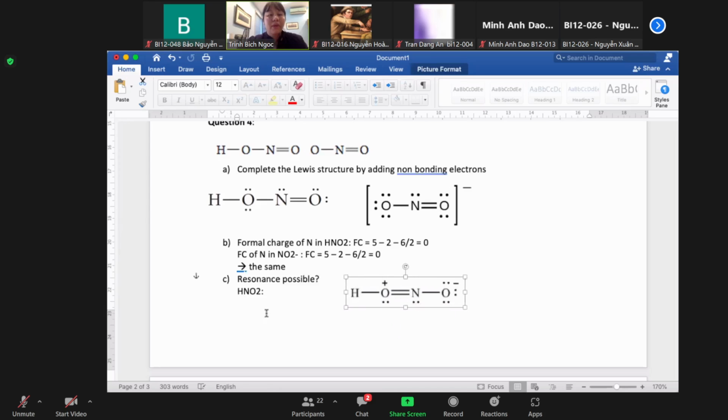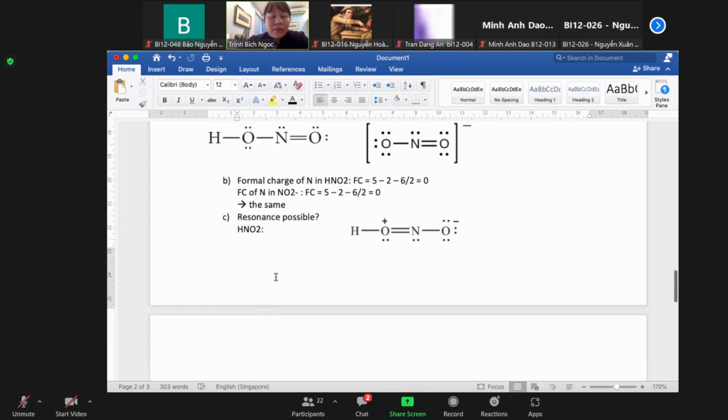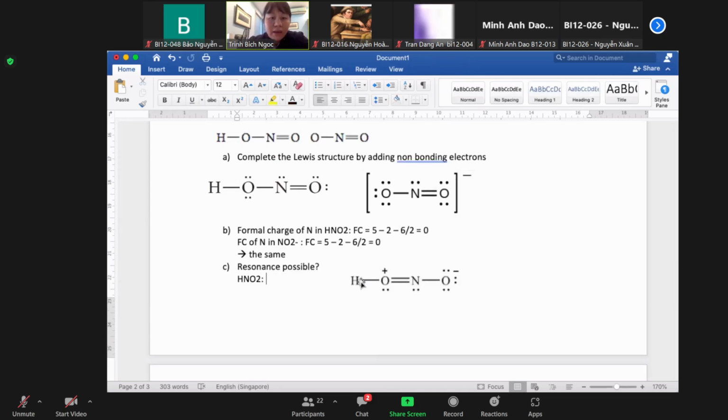Yeah. Okay. So here we can see that if we move it here and you recalculate the formal charge of each atom here. So for the first structure, the formal charge of each element here will be equal to 0.